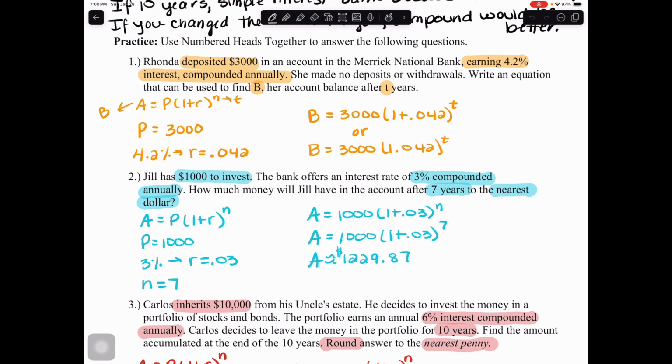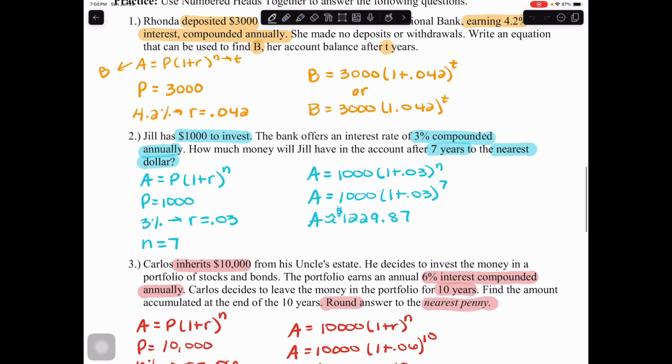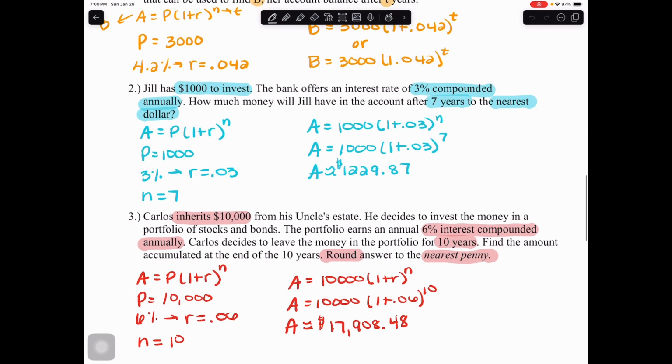So my formula would be A equals 1,000 times 1 plus 0.03 to the N. Then you can see I replaced N with 7 because they want to know how much after 7 years. So rounding accordingly, because this is money, I should have $1,229.87.